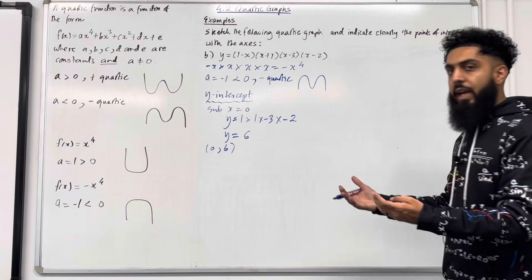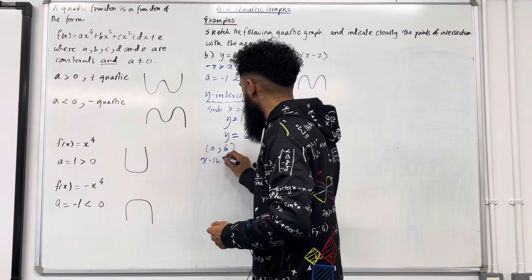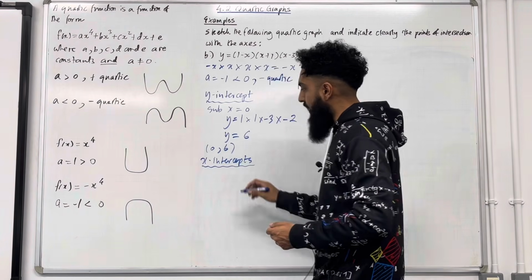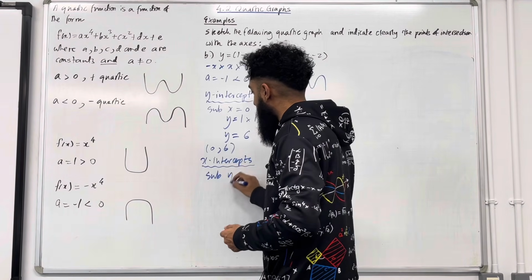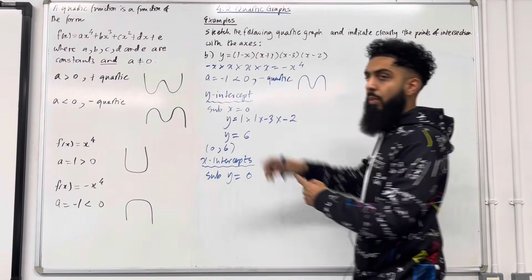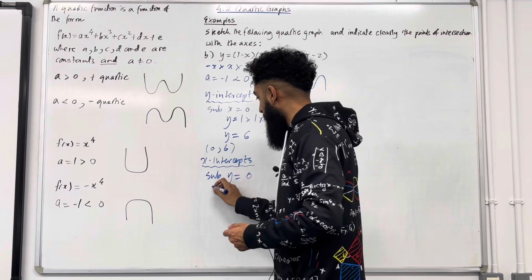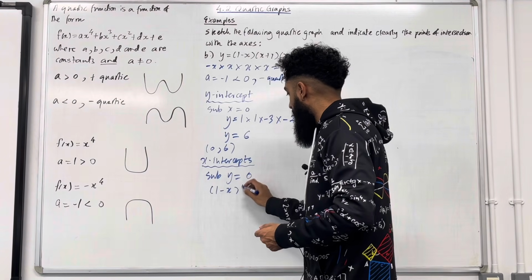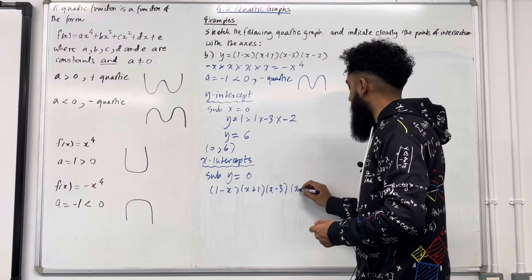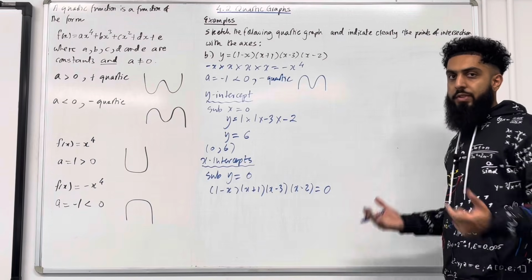Now I'm going to go ahead and work out the x-intercepts. I need to substitute y equal to 0. So if I go back to this equation, I'm now replacing the y with 0. So the equation reduces to 1 minus x, x plus 1, x minus 3, x minus 2, each of these individual components in brackets equal to 0.